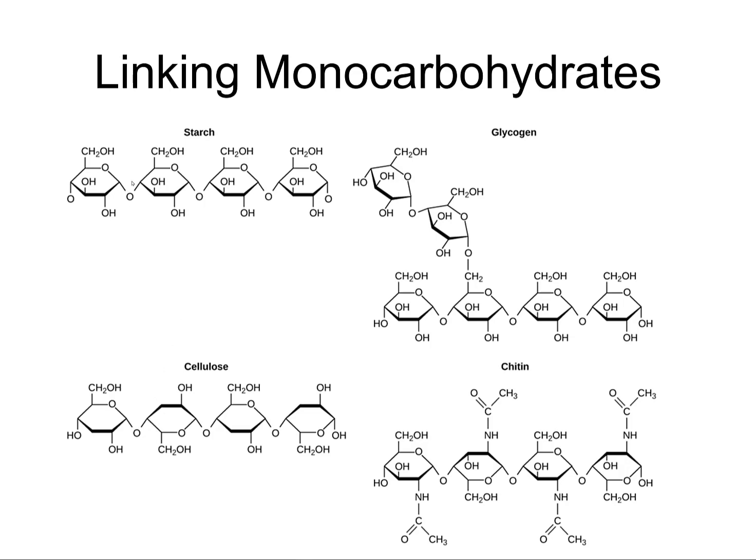Now, these are alpha, and beta links are different. We can't break these down. Chitin is the same sort of thing. They're beta, so they're very strong bonds, because we can't technically break them down with our enzymes. They have to be broken down by other types of animals and creatures, with bacteria really doing the work.